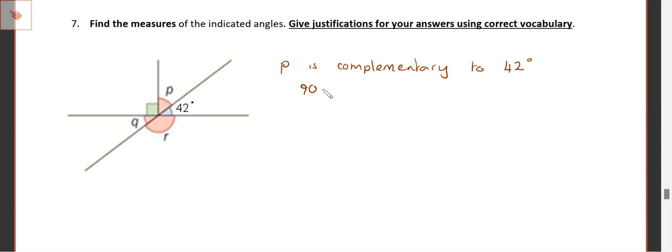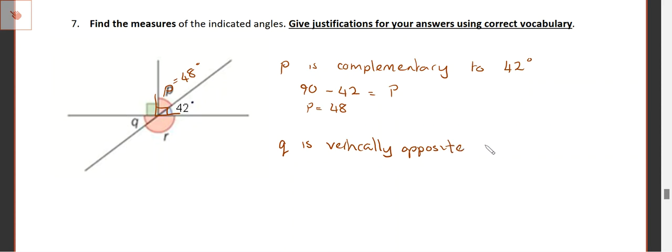So we do 90 minus 42 equals P. So P equals, no. Complementary means adds to 90 degrees. P, 90 degrees. Q is vertically opposite to 42. Okay, so Q equals 42.